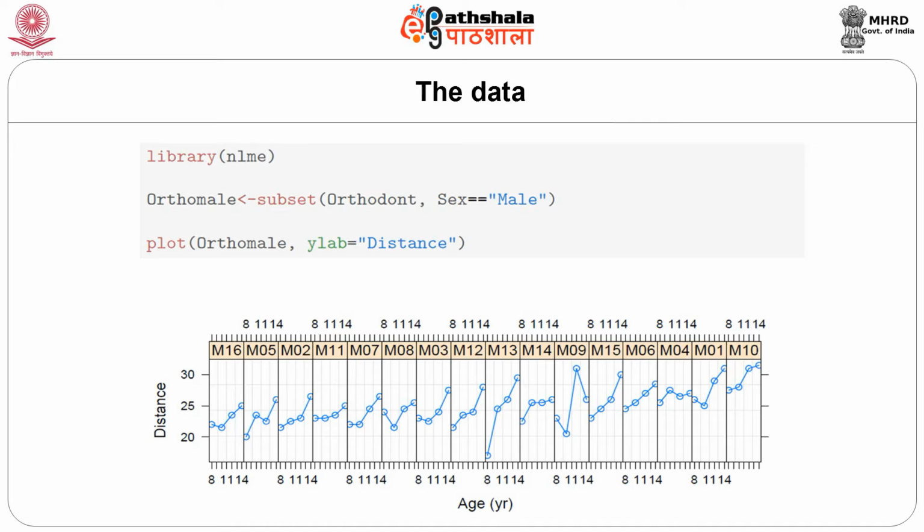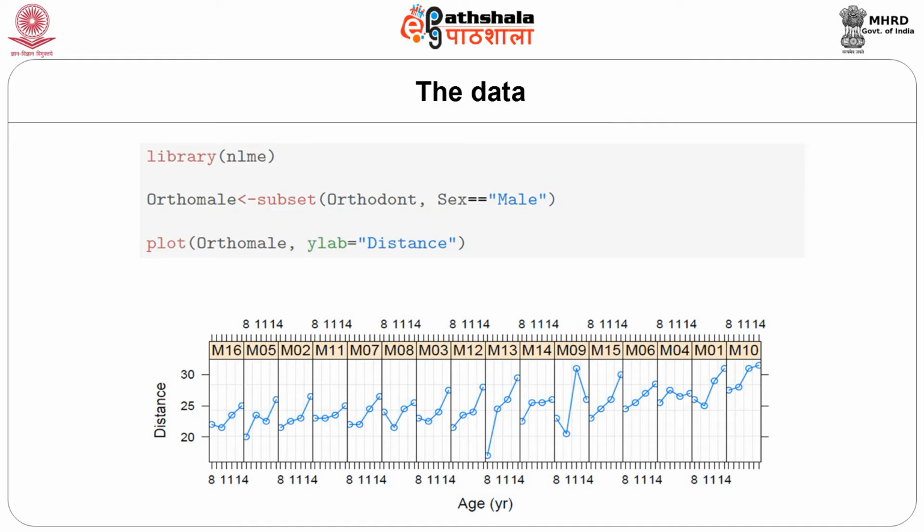What it plots is the individual profile of each of the 16 boys, and we can see from here that there is quite a lot of individual variation between the boys. As an example, we can take M11, so male 11 versus male 13.